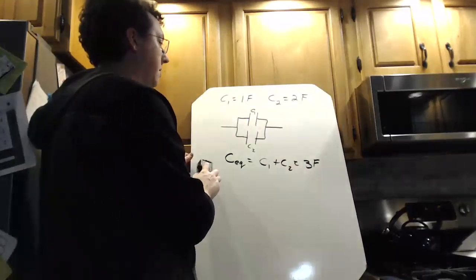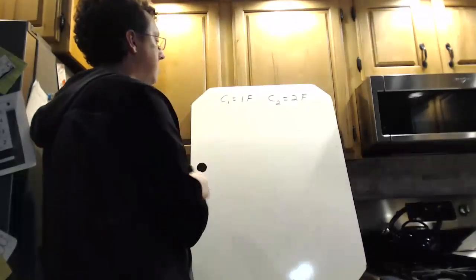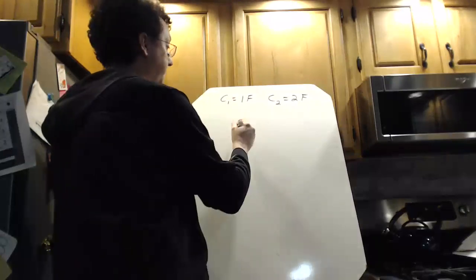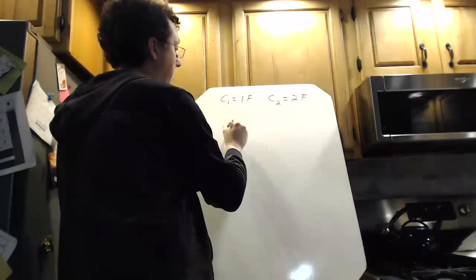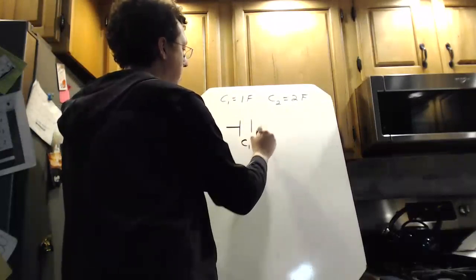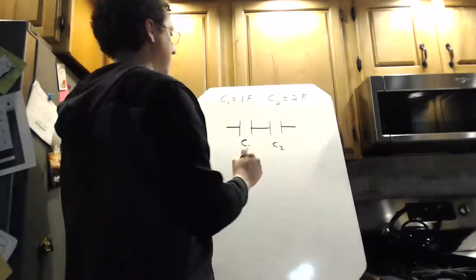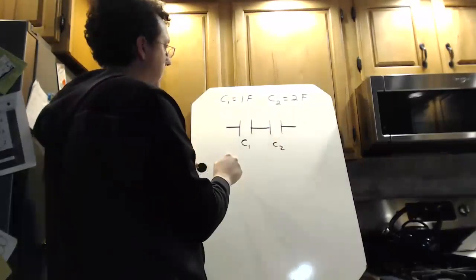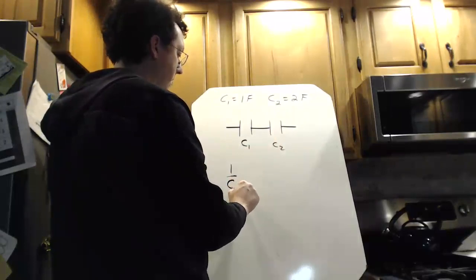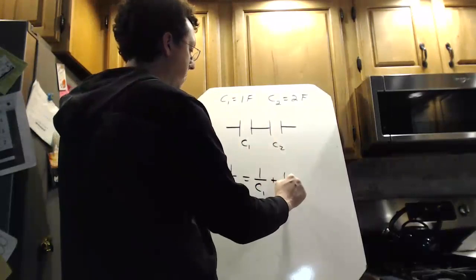Okay, so that was pretty simple. Let's do a more complicated example. Let's keep the same two capacitors, and then let's add them in series. So this would be C1, C2, okay? And then I would say, all right, 1 over C equivalent equals 1 over C1 plus 1 over C2.